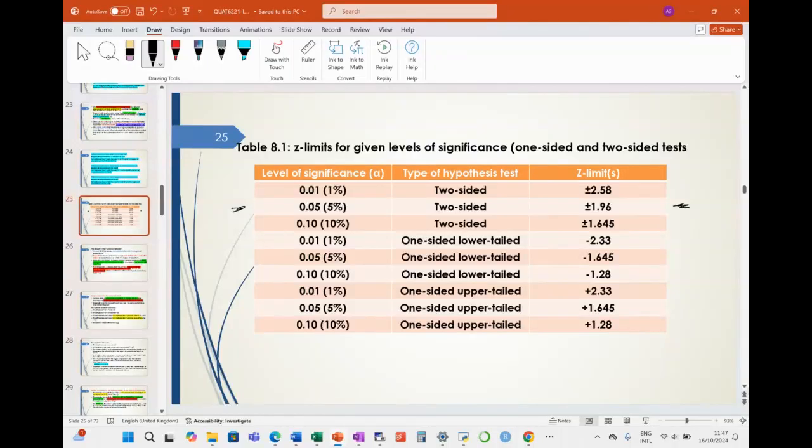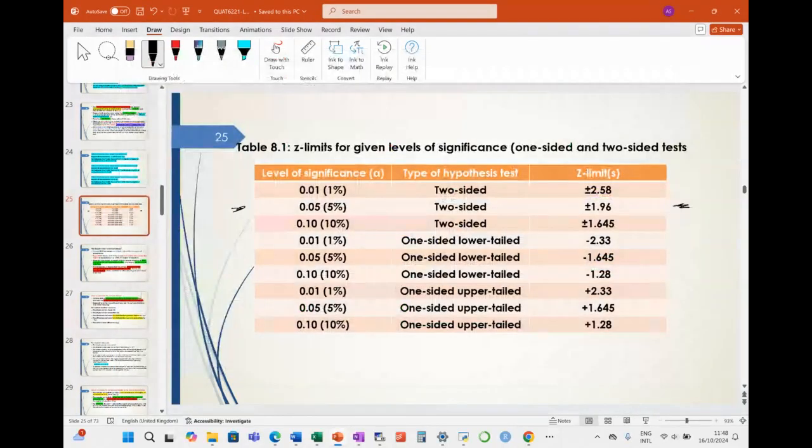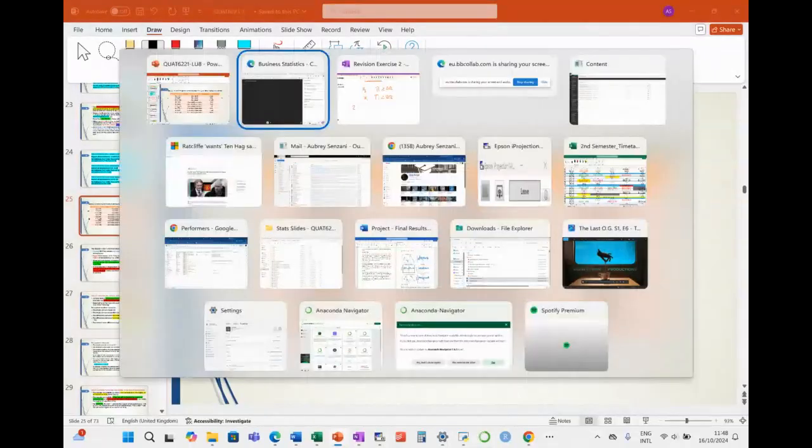The lower tail, one-sided lower, minus 1.6. Yeah, you are right. It is a one-sided lower tail, and we're at 10%, or 0.1. So it's this, 1.28.